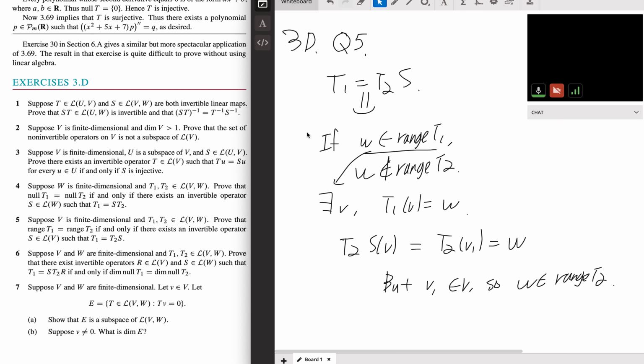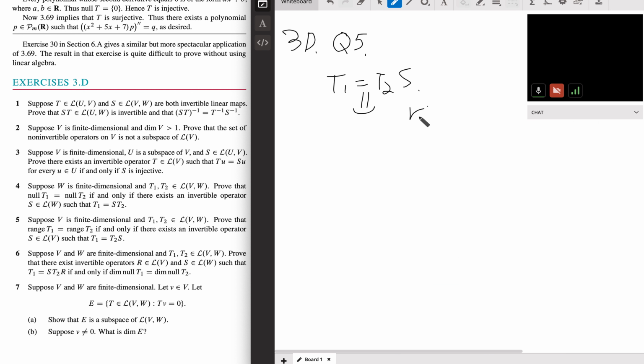So there does not exist a W in range T1 which is not in range T2. Therefore, range T1 is a subset of range T2.